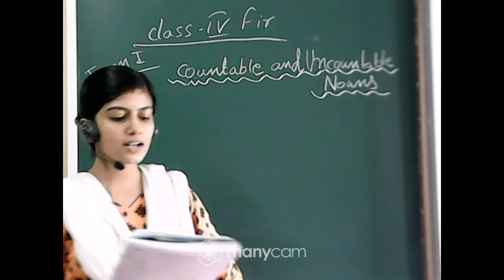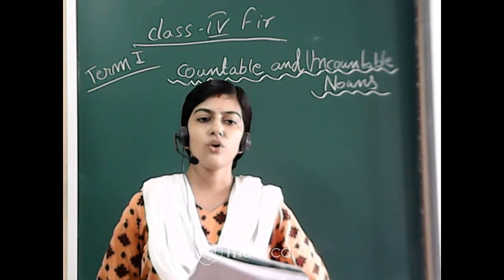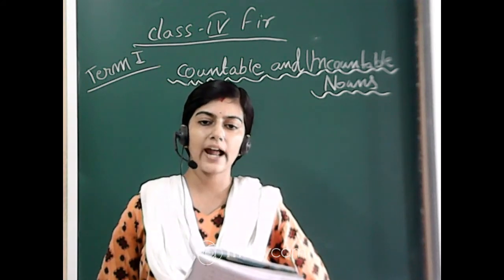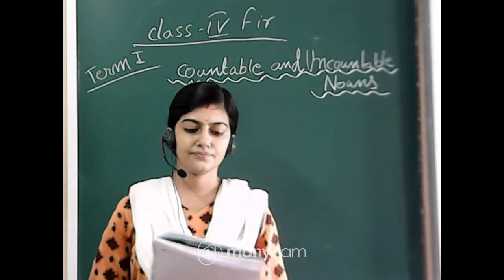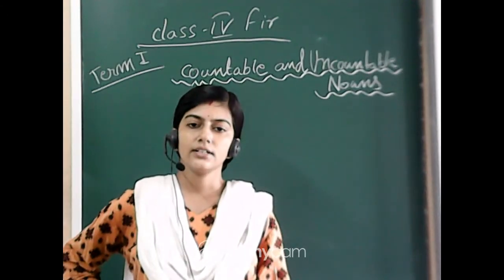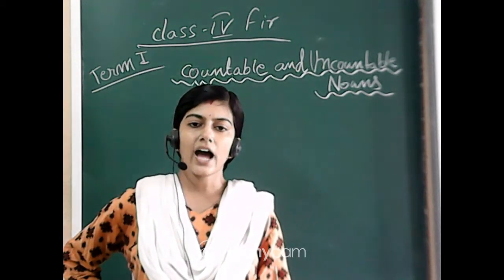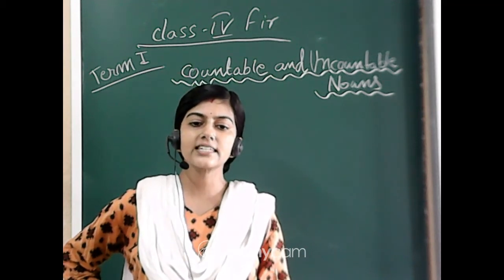Okay, so let's start. First of all, we have to know what is a countable noun and what is an uncountable noun. By countable noun, we have to understand the things which we can easily count.